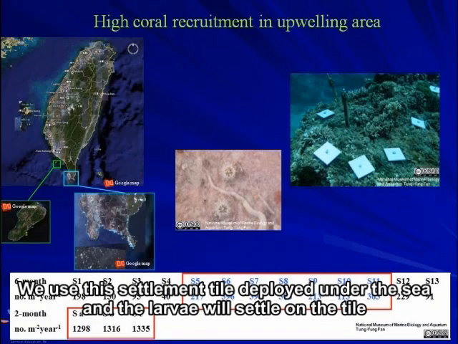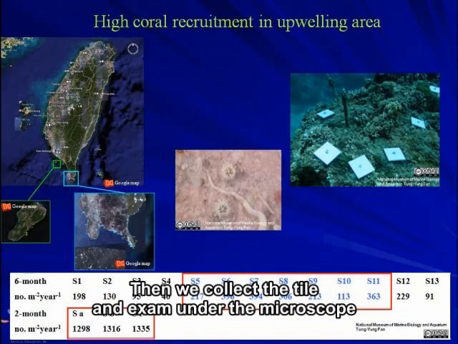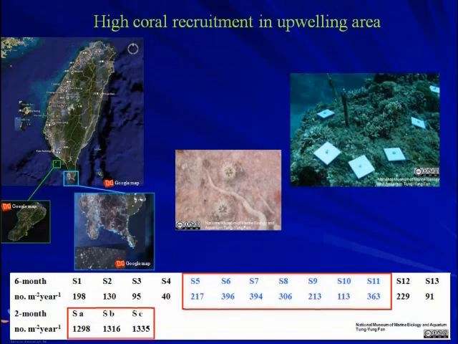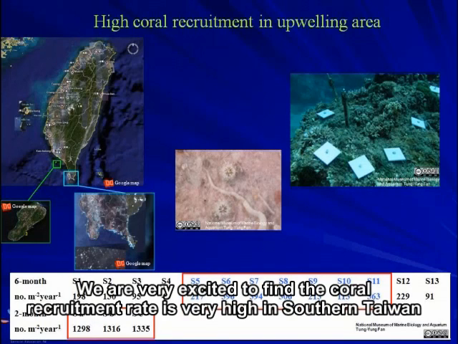So we use this settlement tile deployed under the sea, and the larvae will settle on the tile. Then we collect the tile, examine it under the microscope, then count the recruitment rate. We are very excited to find the coral recruitment rate is very high in southern Taiwan.